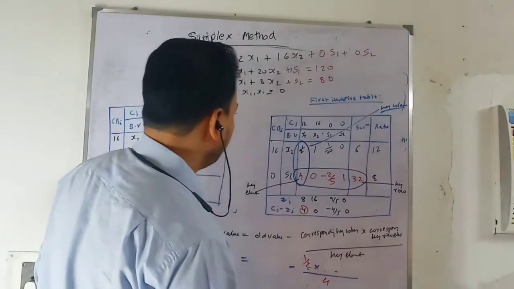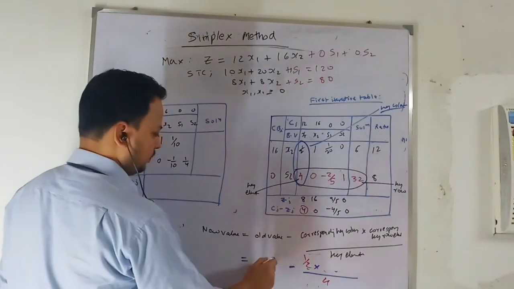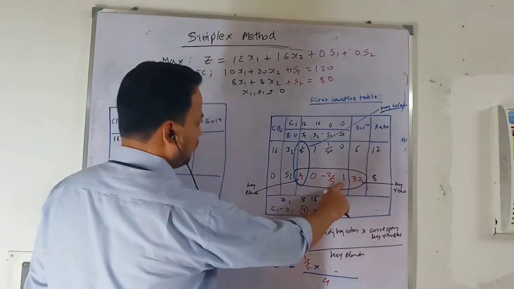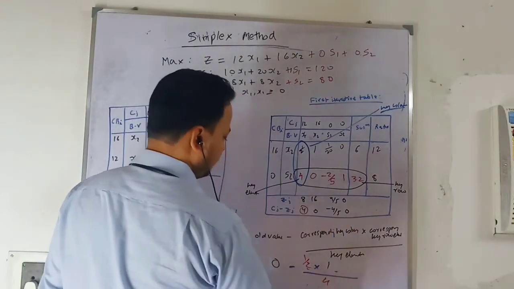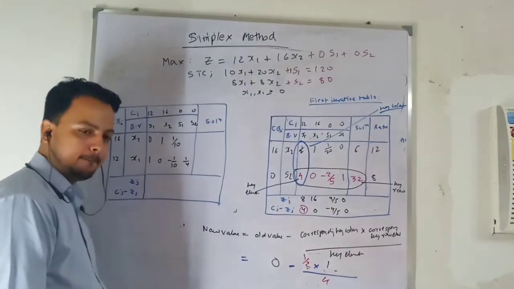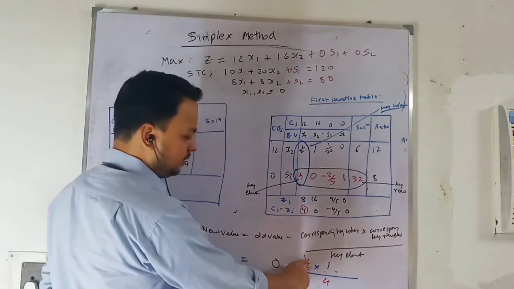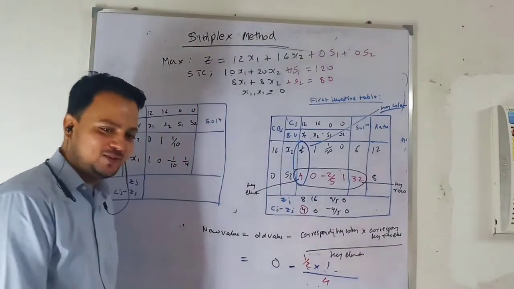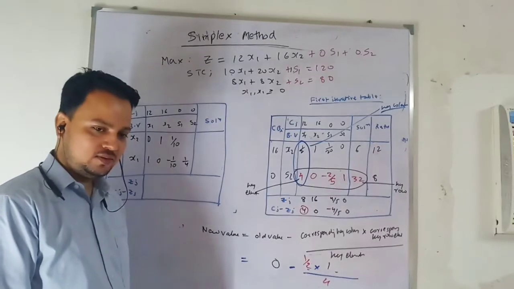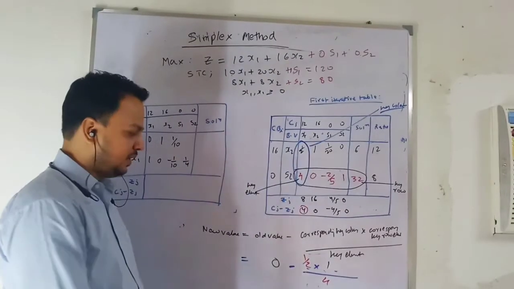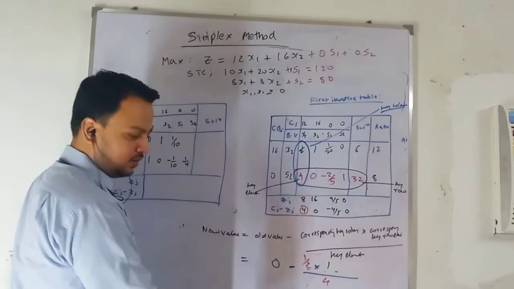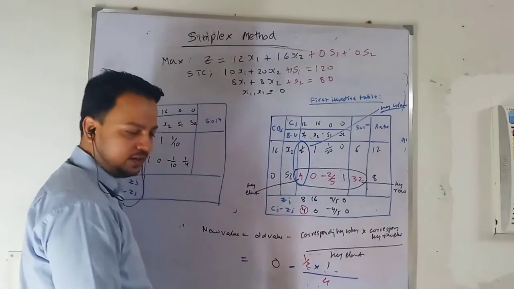Okay. On value is 0. Corresponding column value is 1 by 2. And what is the row value? 1. Key element is 4. Then what will it be? Zero minus, you have this term, right? Minus 1 by 2 divided by 4, then it will be minus 1 by 8, right? 2 will go in the denominator, then it will be minus 1 by 8, right?